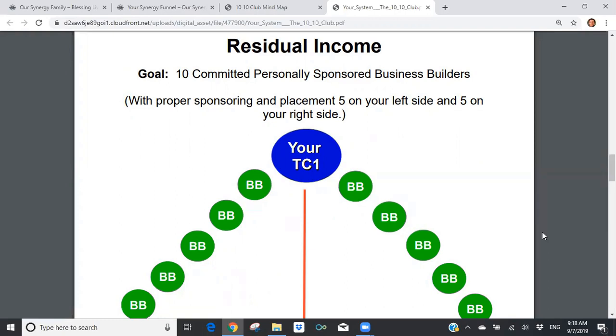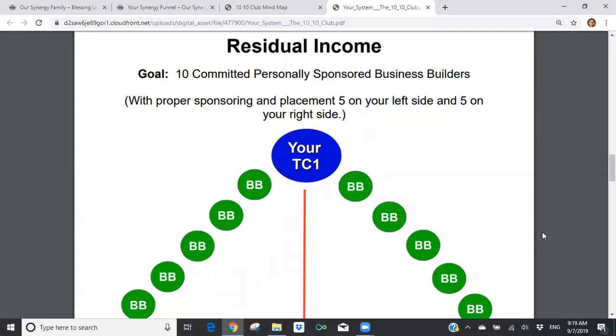As they create the cash flow for their Synergy business, they can see that their Synergy business is a viable, legitimate business, and it makes it easier for them to then attract other people who want a viable business to look at Synergy Worldwide and say, yes, I can see how this could potentially help me accomplish my financial goals.